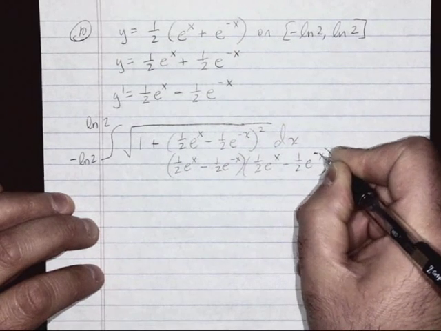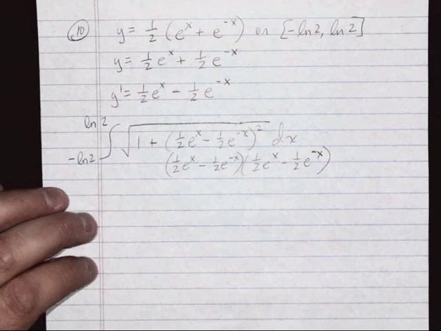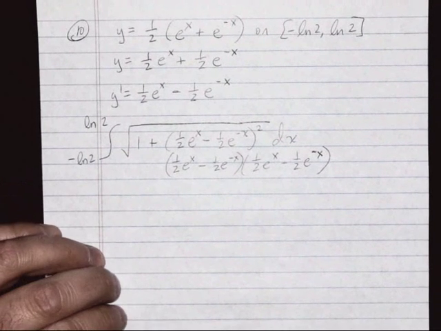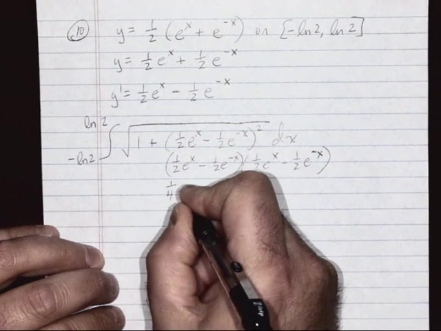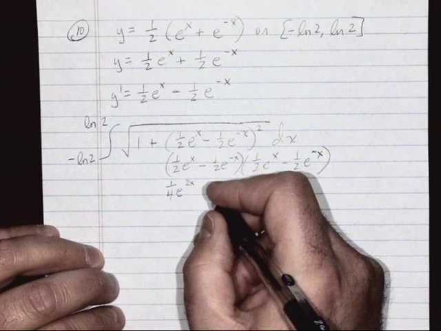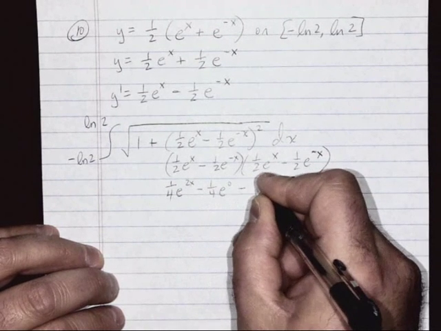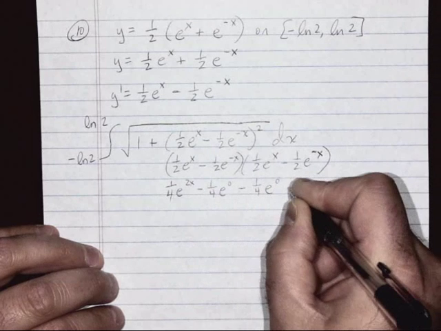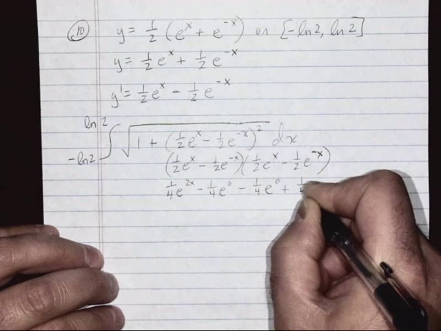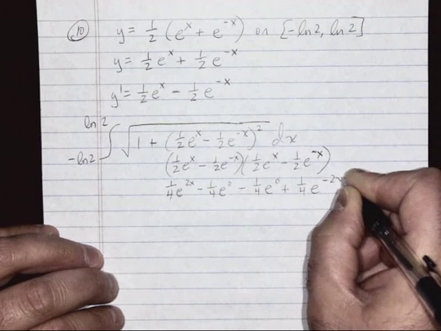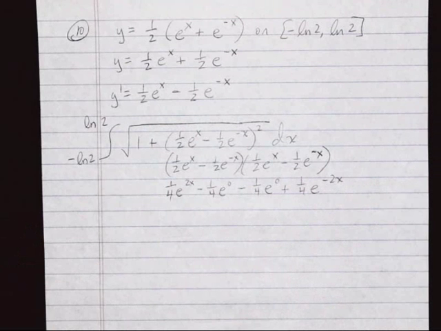Okay, so then we end up getting 1/4 e to the 2x minus 1/4 e to the 0 minus 1/4 e to the 0 plus 1/4 e to the -2x. And of course, e to the 0 power is 1, so that's basically -1/4 minus 1/4.